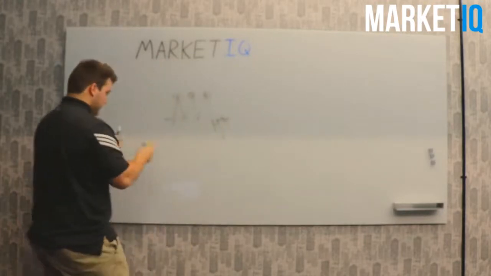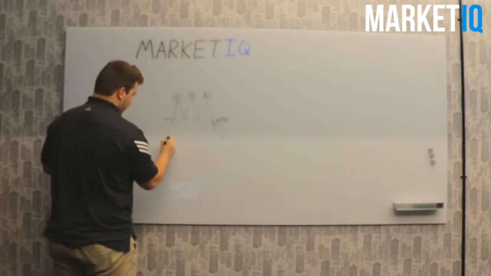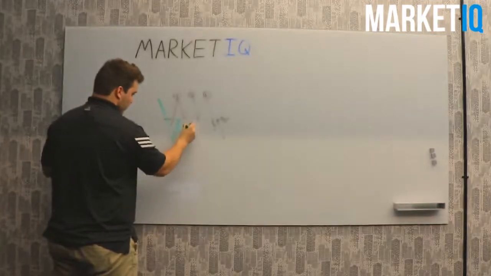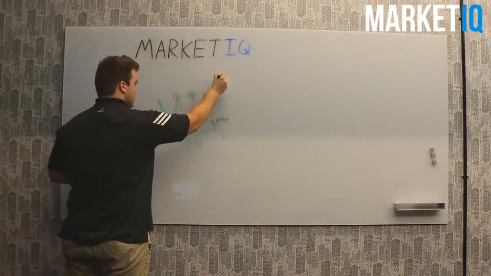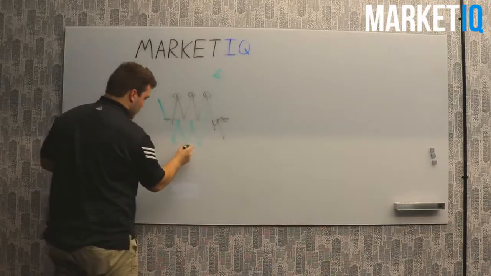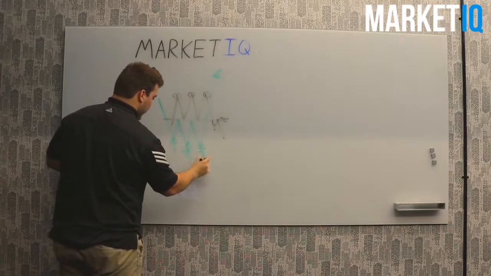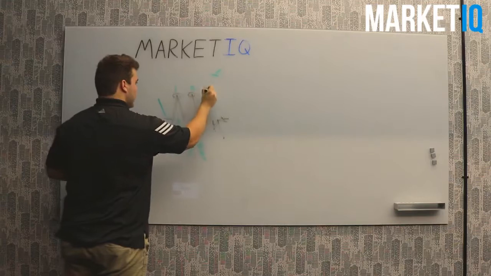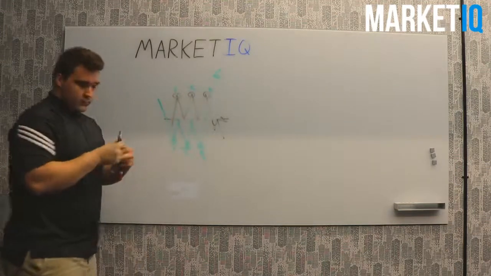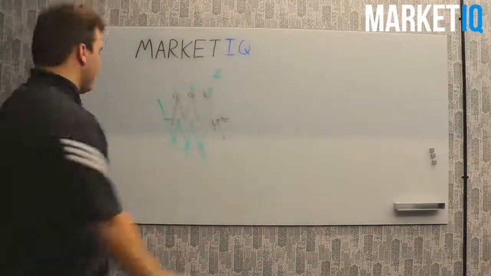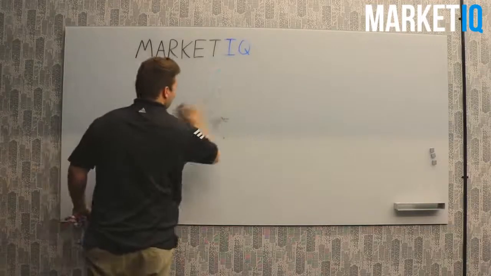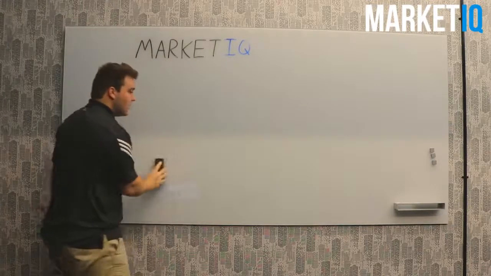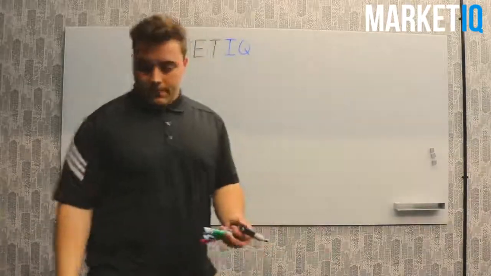Price is now coming here, or sent this way. 1, 2, 3. This is a triple bottom. 1, 2, 3. This is a triple top. Like I said, they're relatively rare, but they're strong when they are formed correctly.